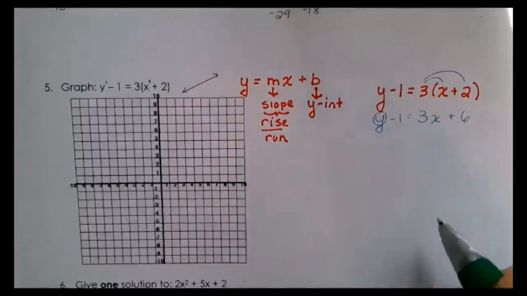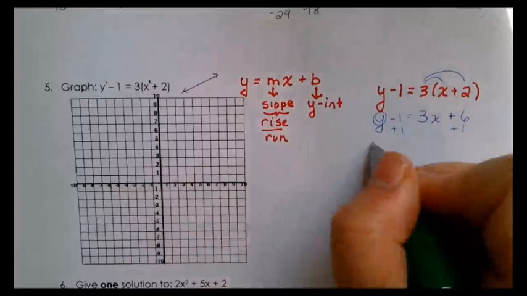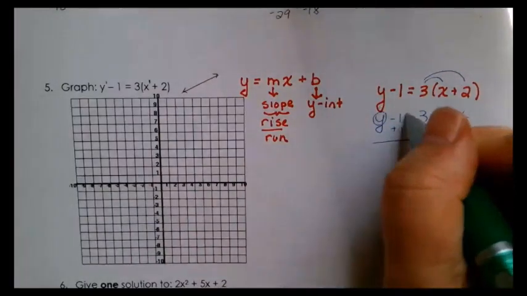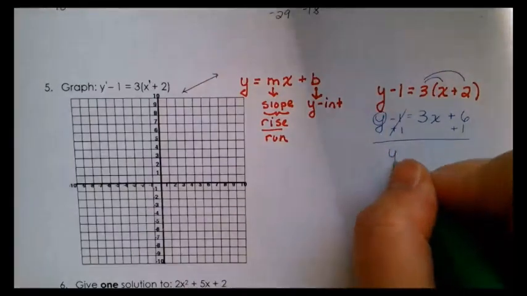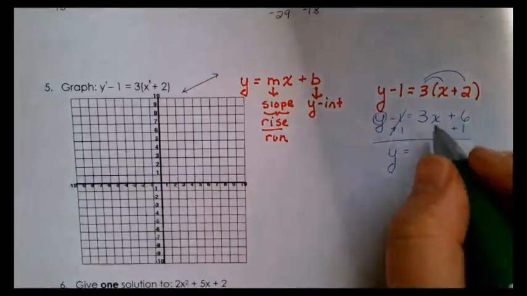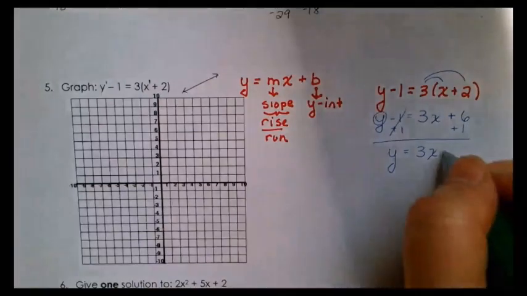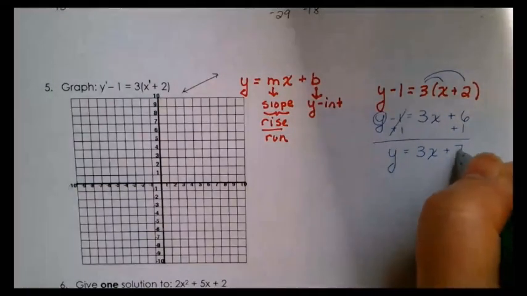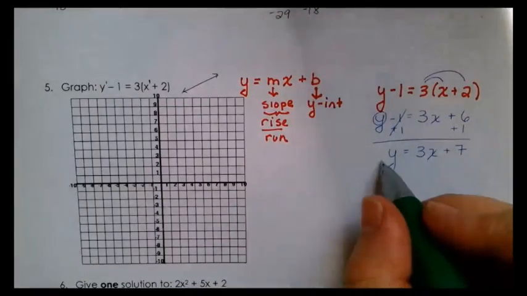So I'm going to get rid of that negative 1 by adding 1 to both sides. The negative 1 and the plus 1 cancel. So now we bring down the y. 3x, 6 plus 1 is 7. Now, we have it isolated for y.